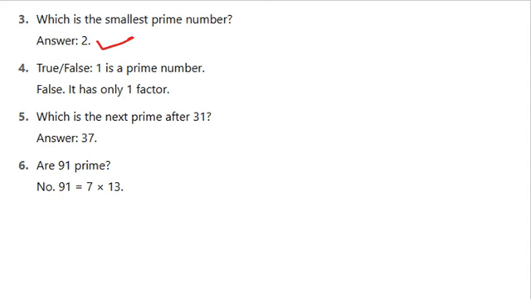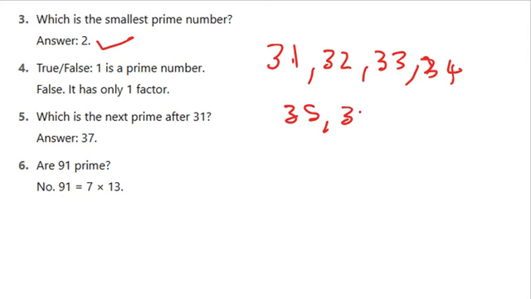Let's go. Then we have: which is the next prime number after 31? We're going to think of numbers from 31 going forward: 31, 32, 33, 34, 35, 36, 37, 38, on and on going forward.